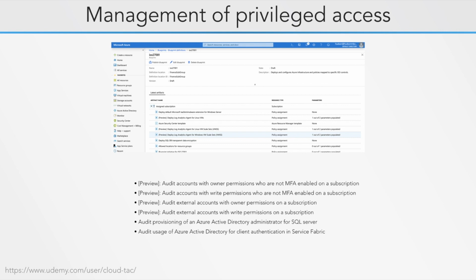You are able to restrict and control privileged access rights by assigning 4 Azure policy definitions to audit external accounts with owner and/or write permissions, and accounts with owner and/or write permissions that do not have multi-factor authentication enabled. This blueprint also assigns 3 Azure policy definitions to audit use of Azure Active Directory authentication for SQL servers and Service Fabric.